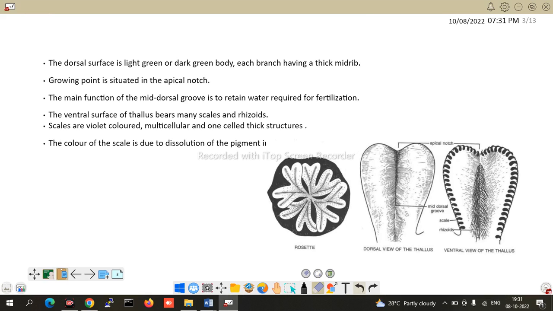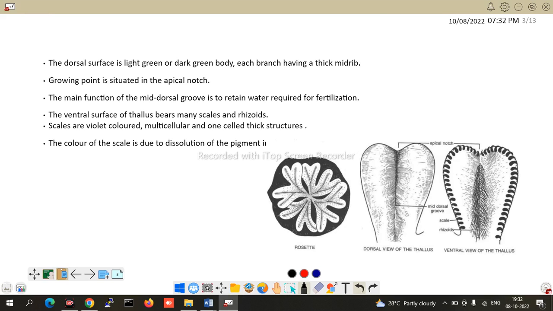Here is the mid-dorsal groove, which looks like a thick midrib. The growing point is situated at the apical notch. Here the depression is the apical notch.